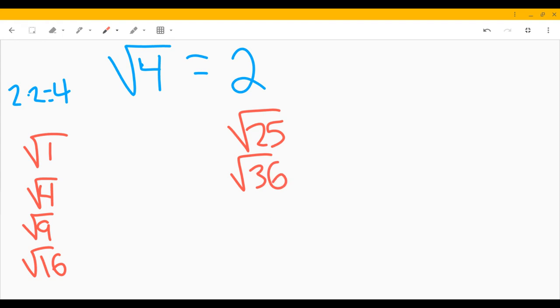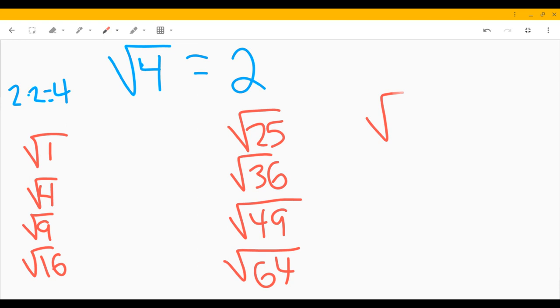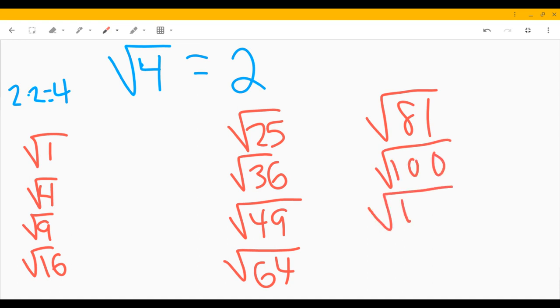Square root of 36, square root of 49, square root of 64, square root of, sometimes even I forget, 81, square root of 100, square root of 121, square root of 144.